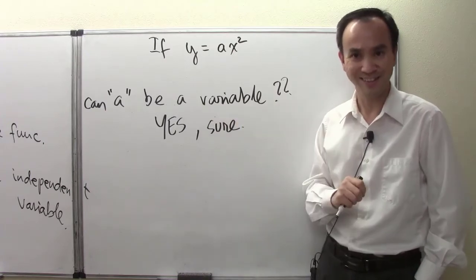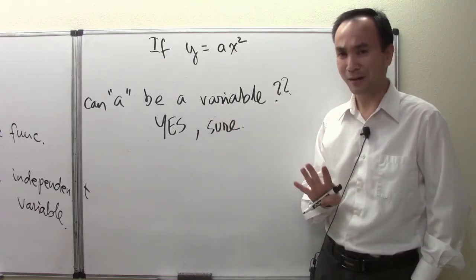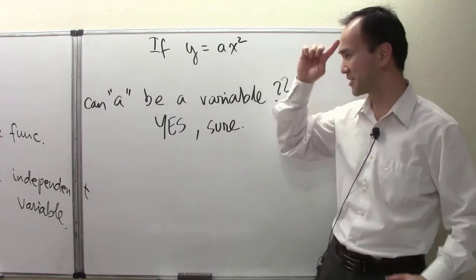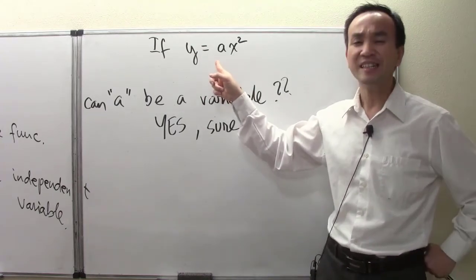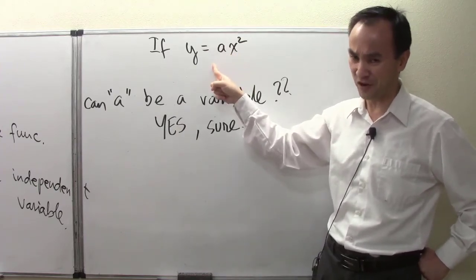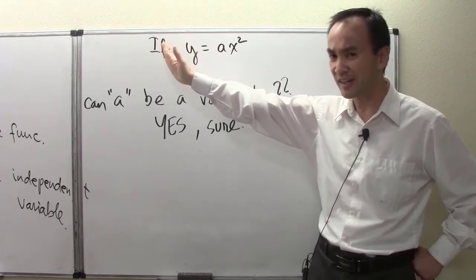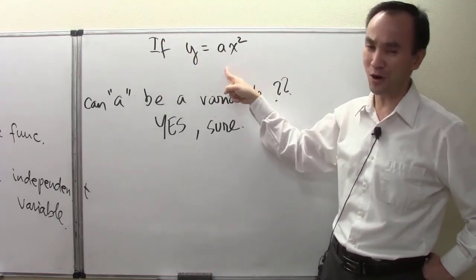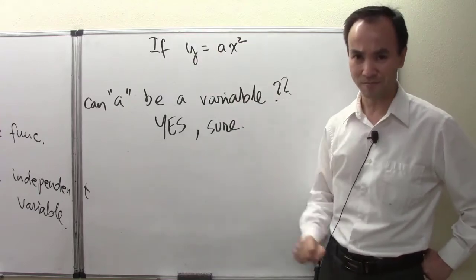Sure, why not? Upon breaking away from that habit of seeing a only as a coefficient: yes, if we are treating x as a variable, then a can be a coefficient. But in the end, if we're looking at the whole thing through, then x is a variable, and now also a is another variable.